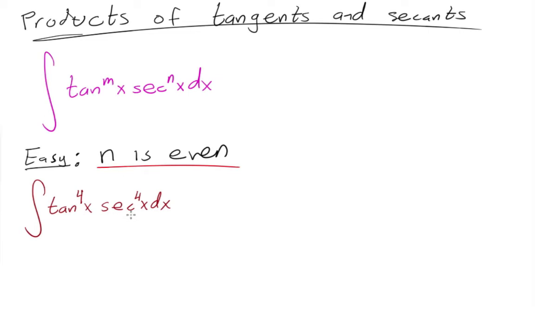What would your strategy be if n is even, so the power of secant is even? Yeah, break off a secant squared. And then what would your substitution be? u equals tangent, because the derivative of that is secant squared.